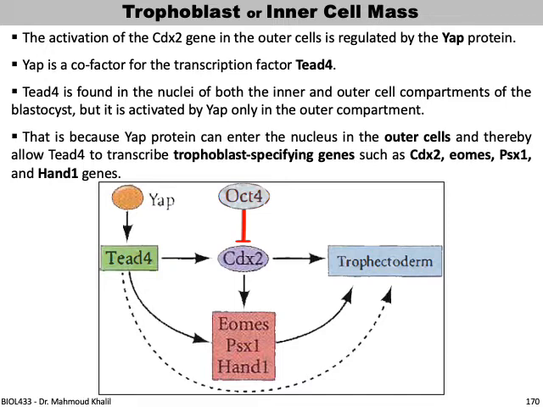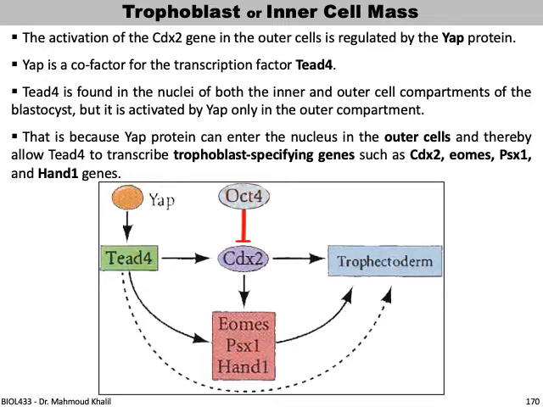So you can see from the figure, once YAP activates TEAD4, it activates these genes, EOMES, GATA3 and HAND1, which promote the formation of trophectoderm. With the addition of the influence of CDX2, both the CDX2 activated by TEAD4 and YAP lead to the signal for the differentiation into trophectoderm.